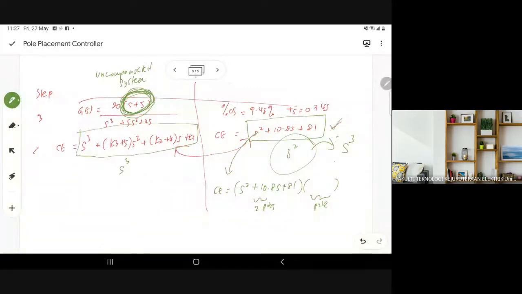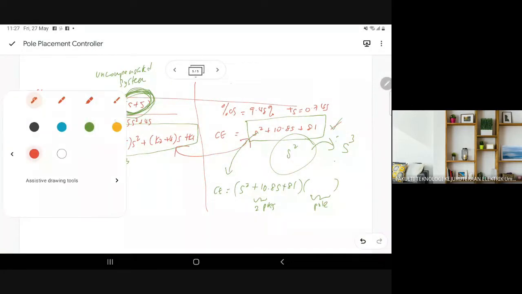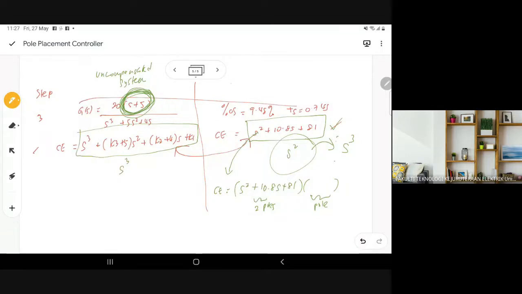Why do we do that? Okay, I will tell you that. Yeah, I need to unlock my laptop again because it locked up. Because this characteristic equation contributes to 9.48% overshoot and settling time 0.74 seconds.